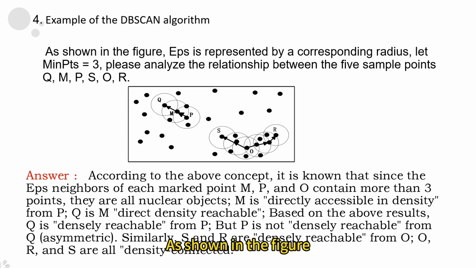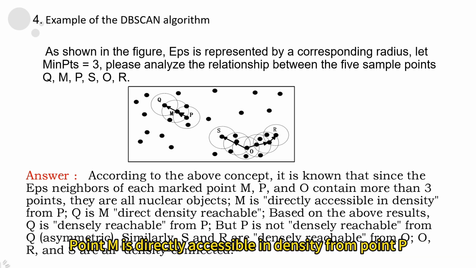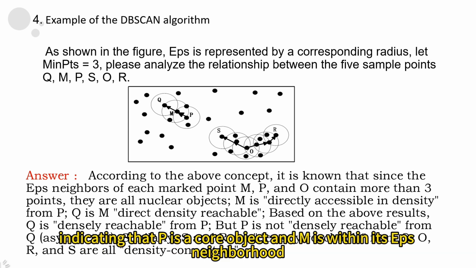As shown in the figure, the relationship between the sample points Q, M, P, S, and O can be analyzed as follows. Points M, P, and O are considered core objects since their EPS neighborhoods contain more than 3 points. Point M is directly accessible in density from point P, indicating that P is a core object and M is within its EPS neighborhood.